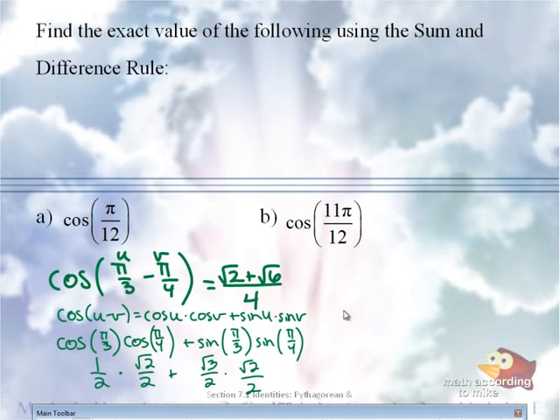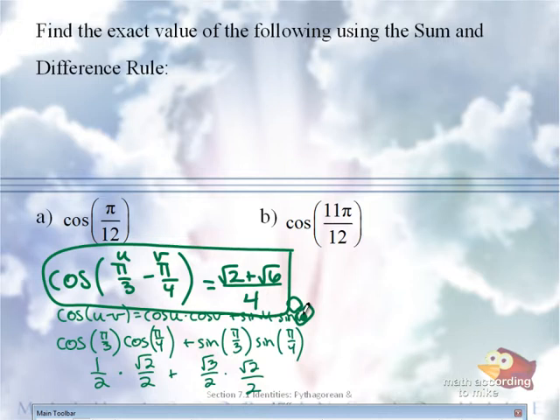So we're going to do the same thing for part B. So give me two angles that if you add or subtract them, you get 11/12 pi. Give me two numbers that add up to 11. 3 and 8. What a really good specific example you just gave.